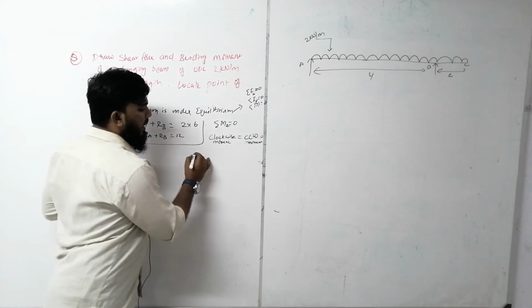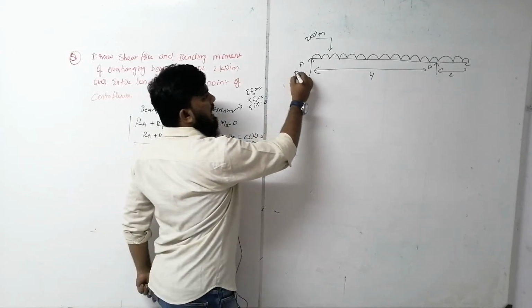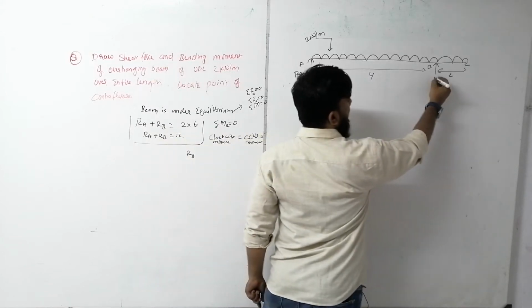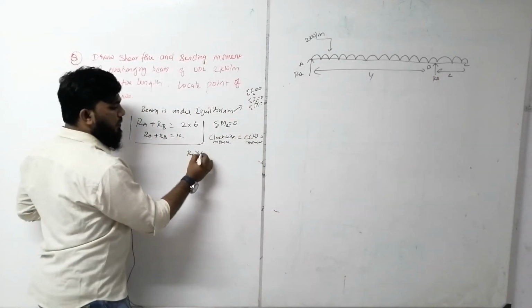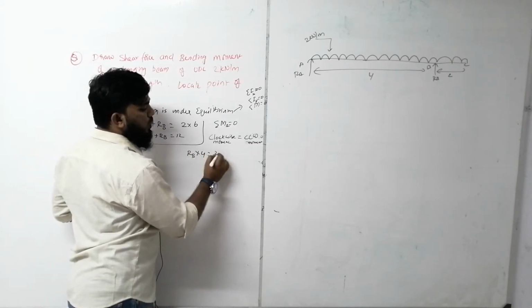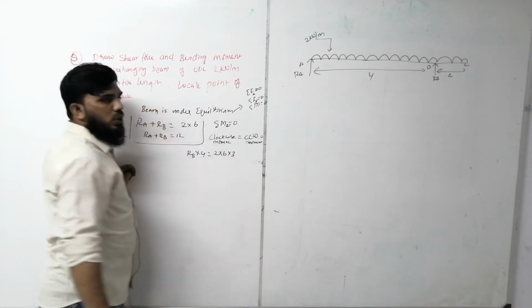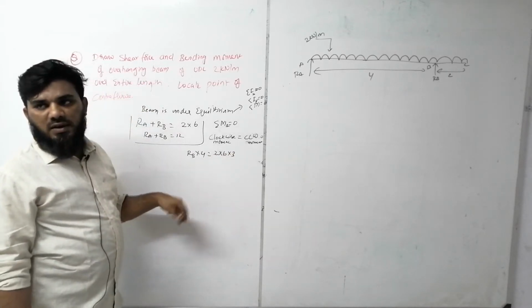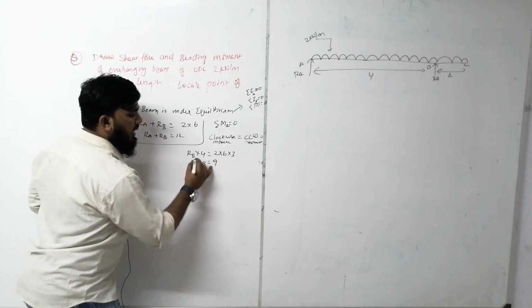Okay. Now moment about point A with respect to reaction RB. RB and RA are the reactions at point B and point A. RB into 4 should be equal to the UDL, that is 2 into 6. 2 is the UDL for a length of 6, into 3. Why 3? It is nothing but half of the length CA. So the RB value we get as 9.